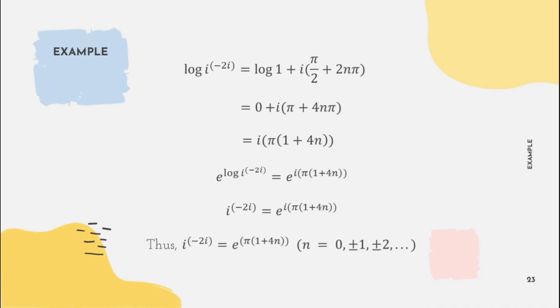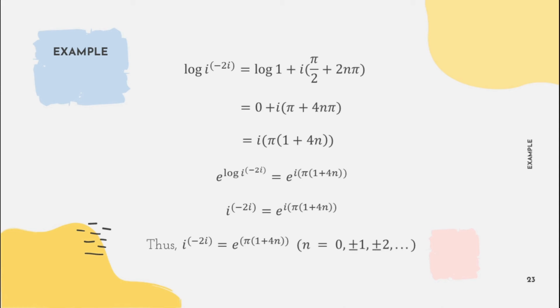Now, based on the equation log z is equal to ln r plus i times (theta plus 2nπ), the equation log i^(-2i) is equal to log 1 plus i times (a half π plus 2nπ).